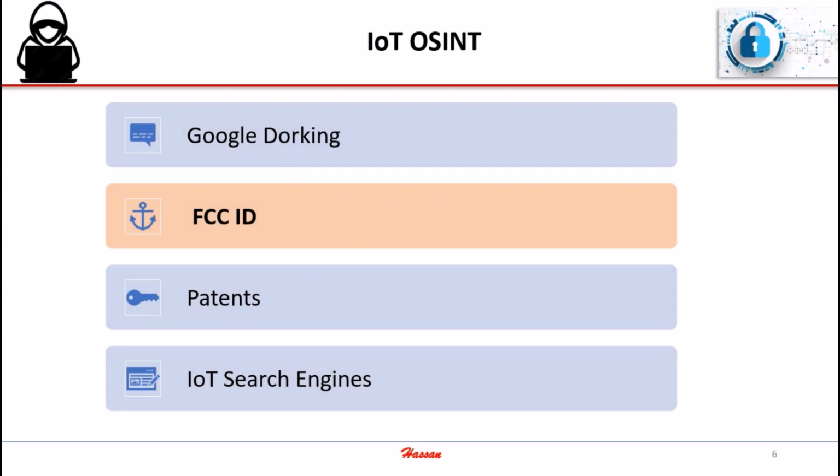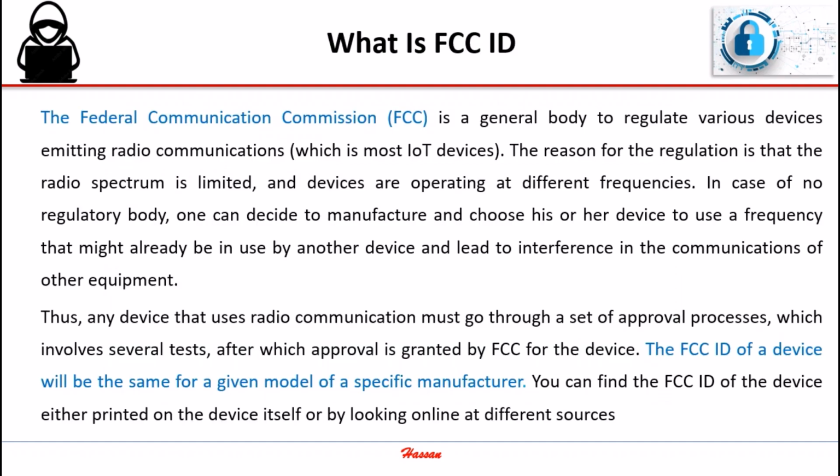Now, let us see what information we can get from the FCC ID of a device. The Federal Communication Commission, FCC, is a general body to regulate various devices emitting radio communications, which is most IoT devices. The reason for the regulation is that the radio spectrum is limited, and devices are operating at different frequencies.